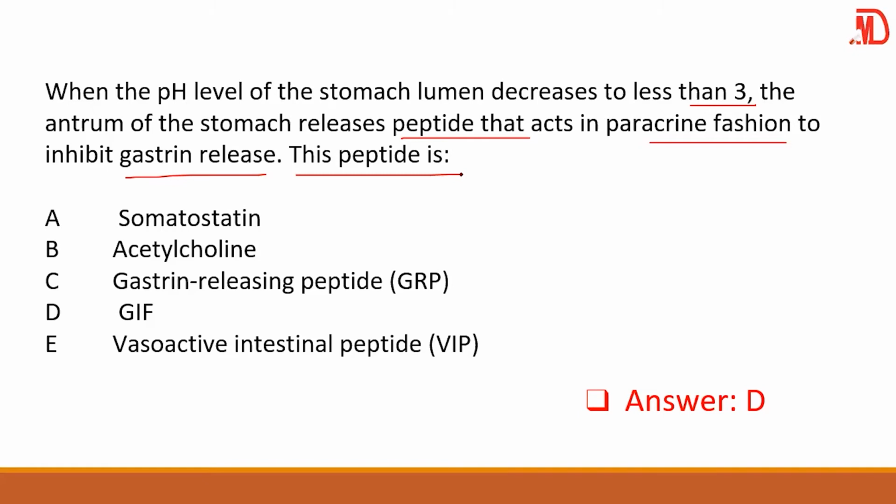But these are two options that should be correct. So more appropriately, use the GIF, growth inhibiting factor. So this will prevent the release of the gastrin from the mucus of the stomach. So over here, your answer is D.